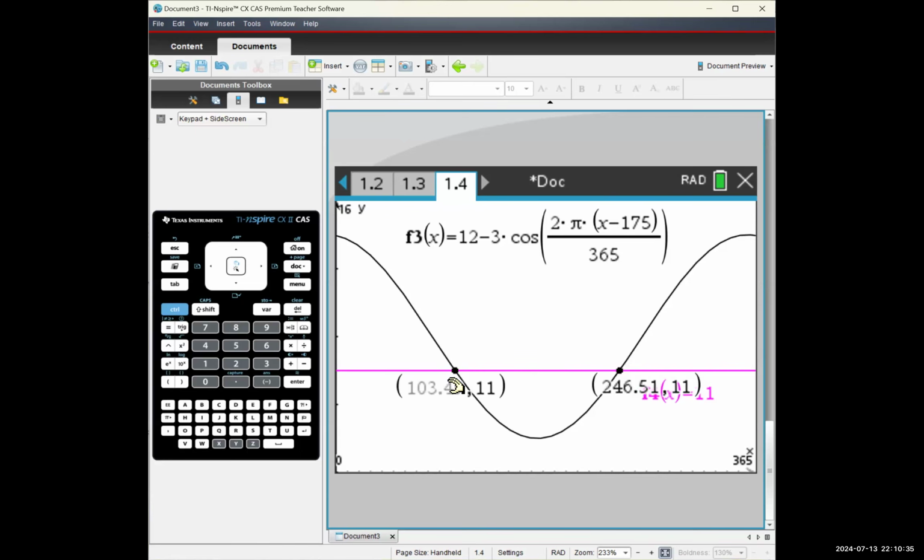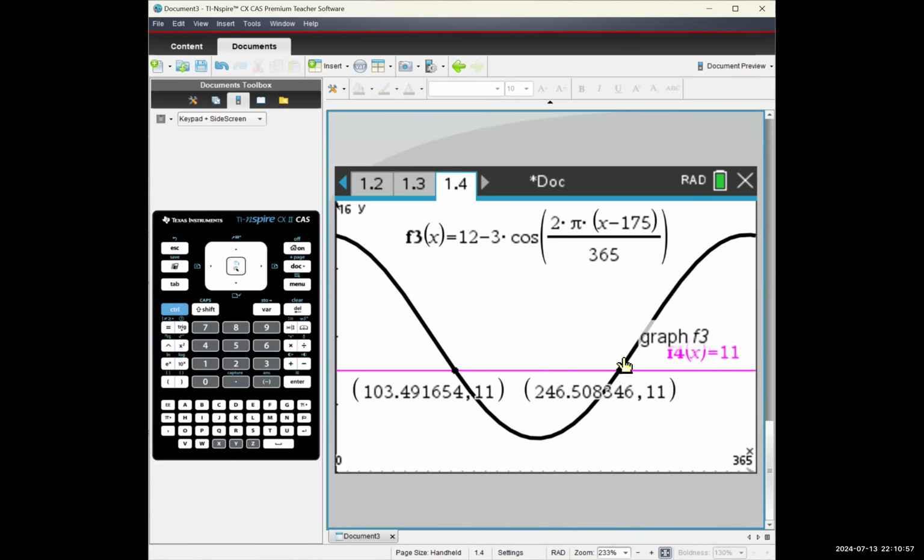So then we have to be very careful when we are rounding things down or rounding things up. We have to make some inference based on the context, because we would like the number of daylight hours, which is the y value, to be greater than or equal to 11.